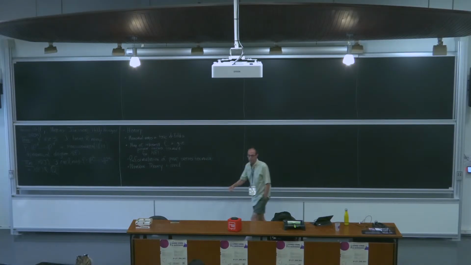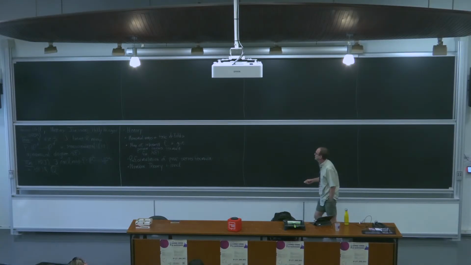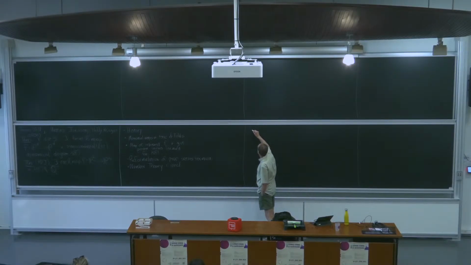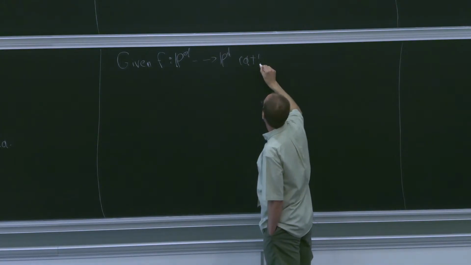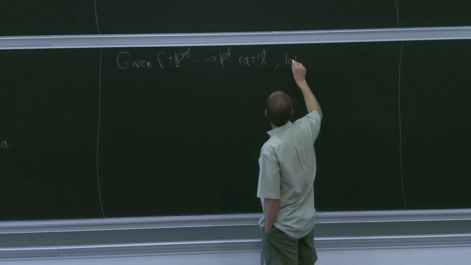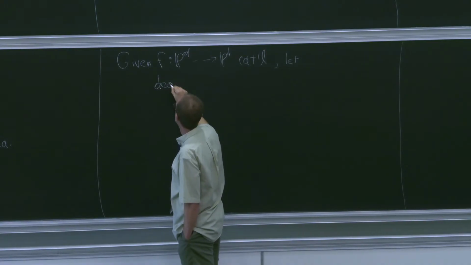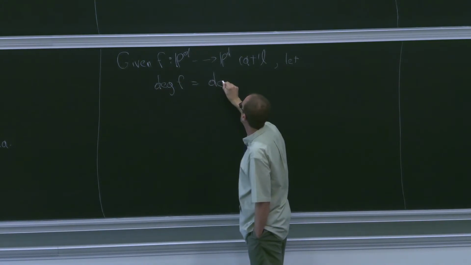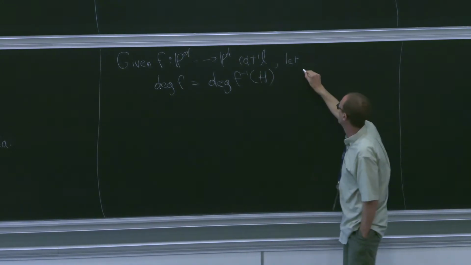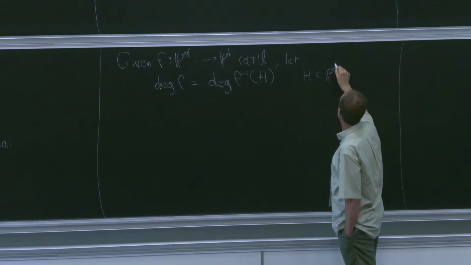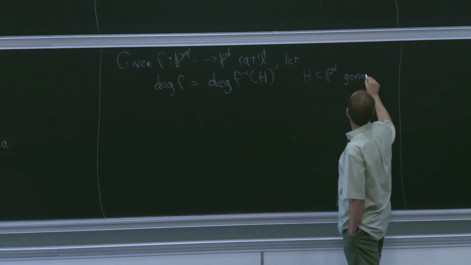Okay, so for my purposes, you can use a pretty elementary formula for a dynamical degree. Given a rational map, when I say the degree of f, I just mean the degree of f inverse of h, where h is some general hyperplane.